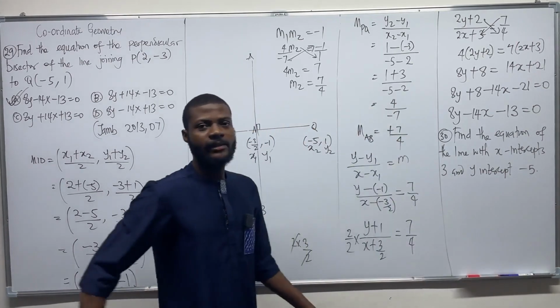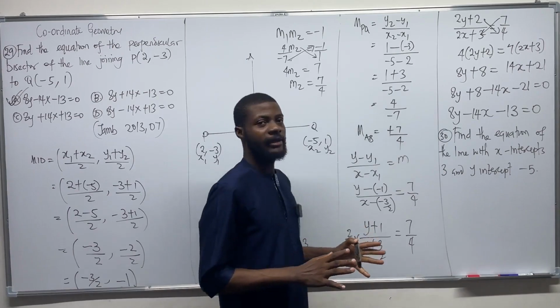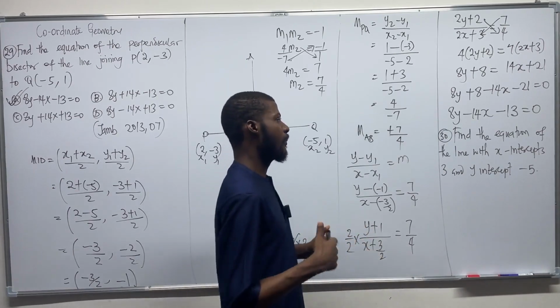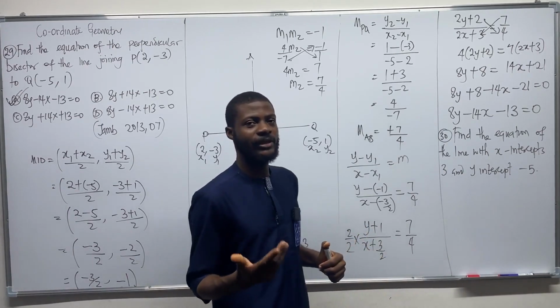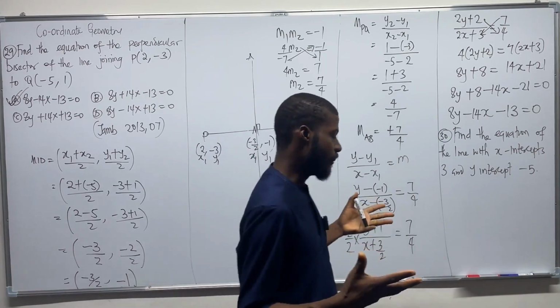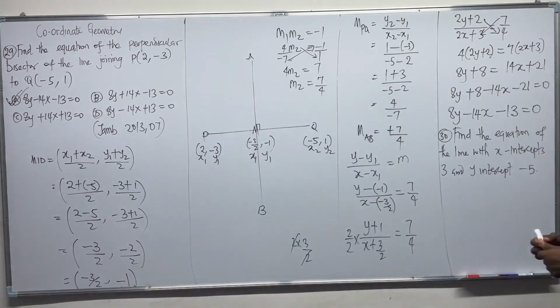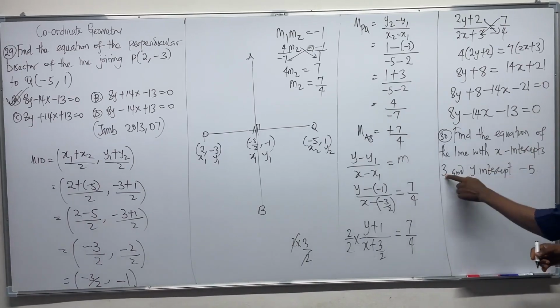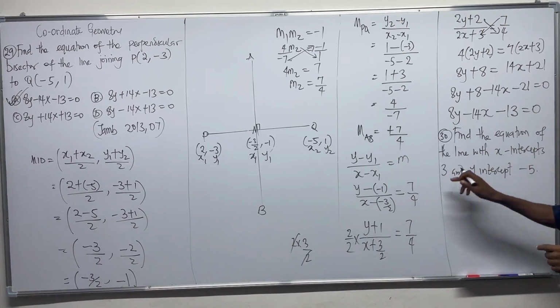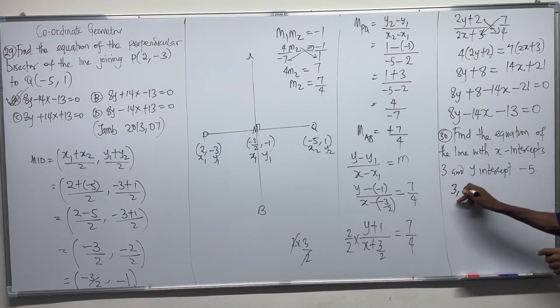Remember I said there's a way to find the equation of a line using the intercept form. But since I don't want to introduce something new to you so it doesn't become a bulky thing for you to bear, let us use our normal one. The x-intercept is at 3. So on the x-intercept, x is 3, y will be 0.